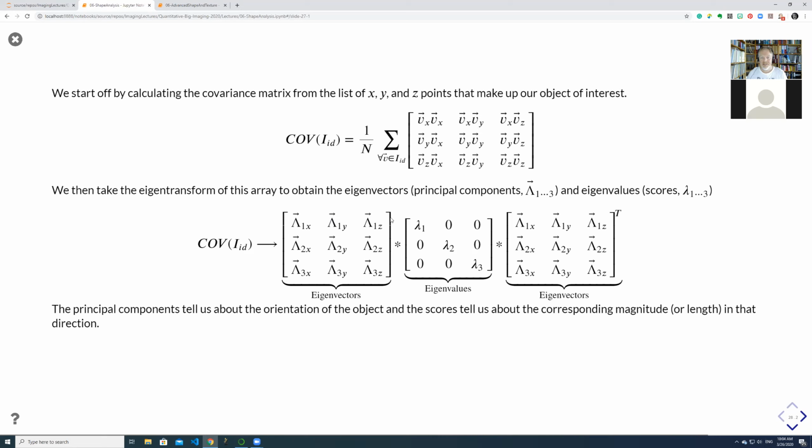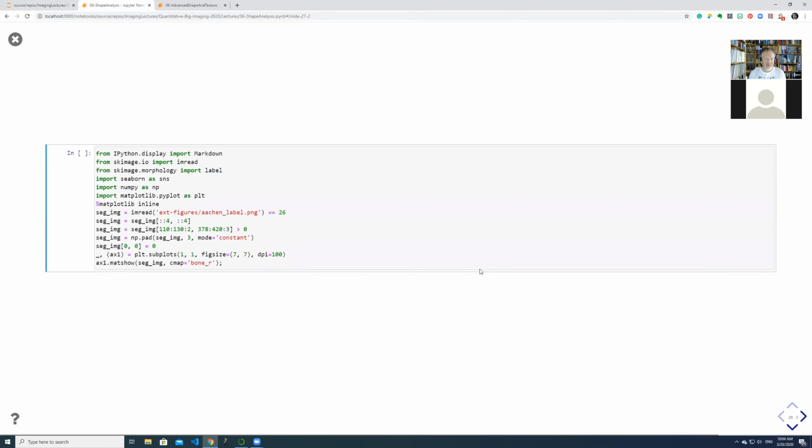The eigenvector matrix is essentially a rotation matrix of the coordinate system. And the eigenvalues tell you about the length of the vector in that direction. And that's really helpful now that we want to tell something about our images.